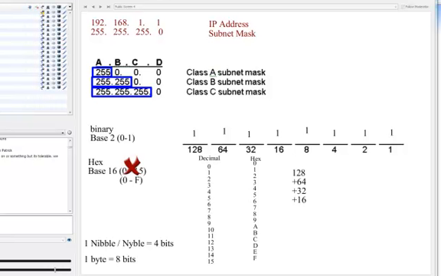Can someone add these on their calculator for me, please? What does that all equal up to? So that's when they're all on. That's when a whole byte has all ones.